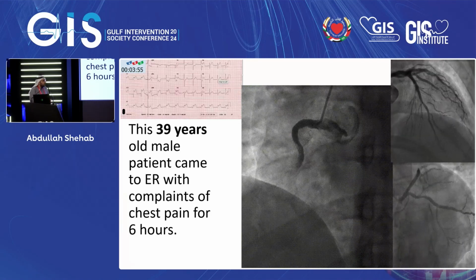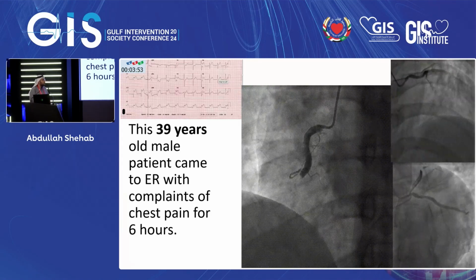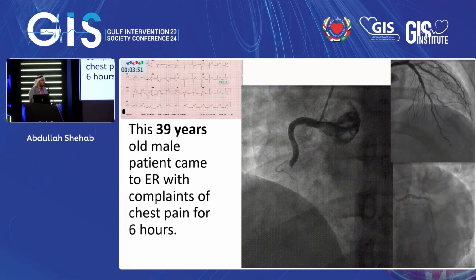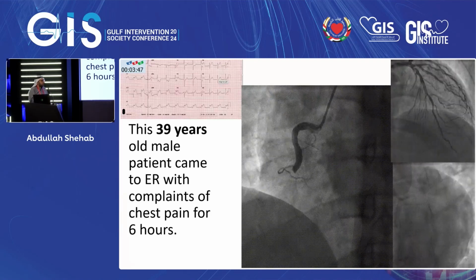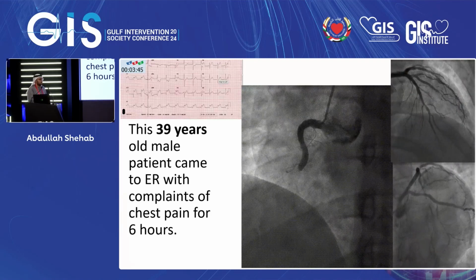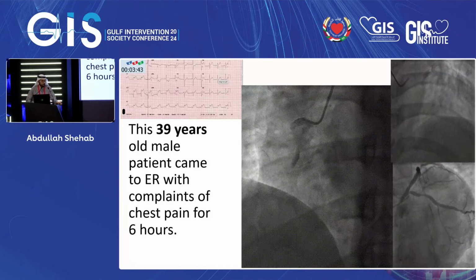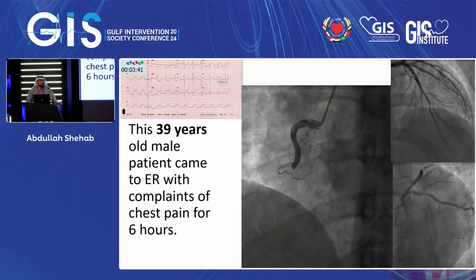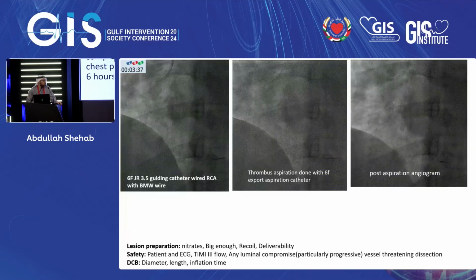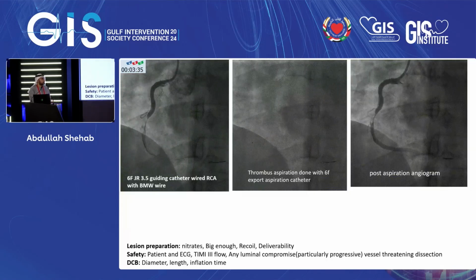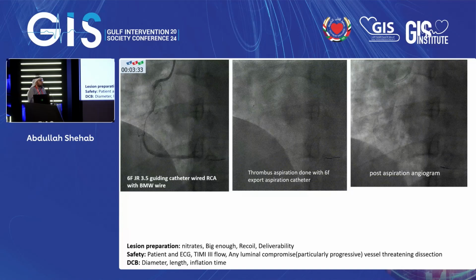Anyone else experience DCB and STEMIs? There are some data on STEMI and non-STEMI with DCBs, and I think this could be a field of the future, showing that there is no difference. DCB is not inferior to stents in the outcome for non-STEMI and STEMI. I think STEMI is not always the same, so you sometimes have a lot of thrombus load where you don't want to do anything.